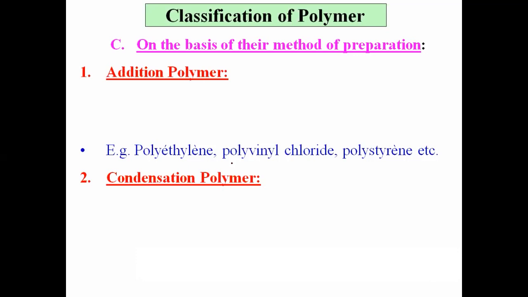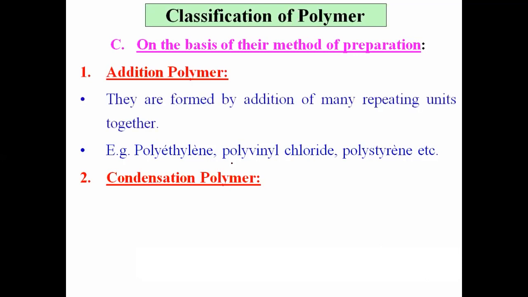The reaction in which molecules combine together to form a single product. If a polymer is prepared by using addition reaction, then it is called an addition polymer. Thus, they are formed by addition of many repeating units together. Polythene, polyvinyl chloride, polystyrene are examples of addition polymers.